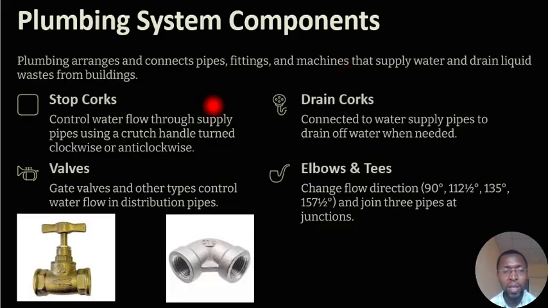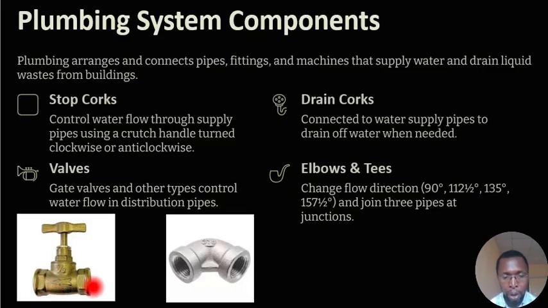All right, so the first component of the plumbing system is called the stopcock. What the stopcock does is to control water flow through supply pipes using a crutch handle turned clockwise or anti-clockwise. This is a typical example of a stopcock. So this is the handle here that can be turned clockwise or anti-clockwise so that when water is flowing, it can stop.